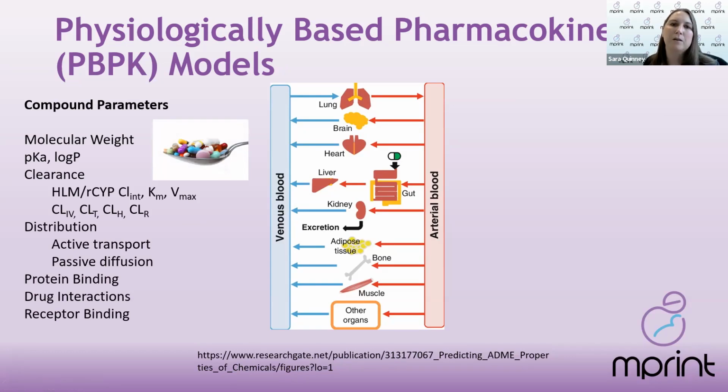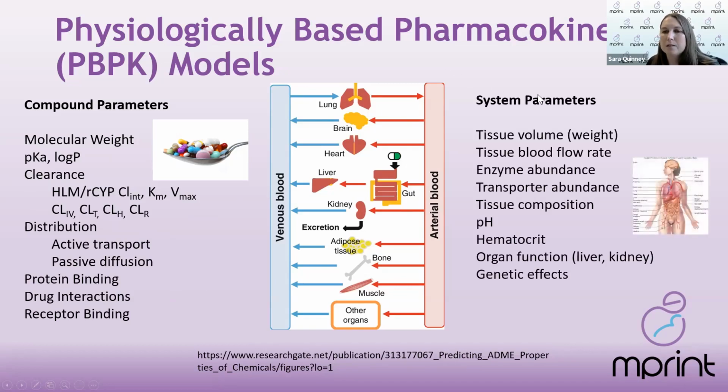So in PBPK, we have a structural model that looks more like a typical body structure, right? We have various organs where each of the organs represents an actual physiologic compartment. And then we combine compound specific parameters such as molecular weight, log P, pKa, in vitro determined clearance, distribution aspects, protein binding, drug interactions, and receptor binding, with the physiologic or system parameters such as tissue weight, tissue blood flow, enzyme abundance, transporters, and tissue composition, and so forth, to predict what will happen to the drug in the body and to predict the PK.